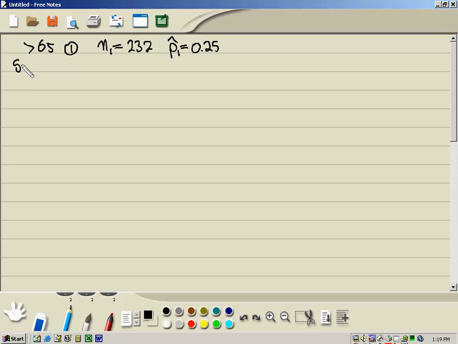The other age group was 55 through 64. We'll call that group 2. N2 of 106 and P hat 2 of 19.8% or 0.198.